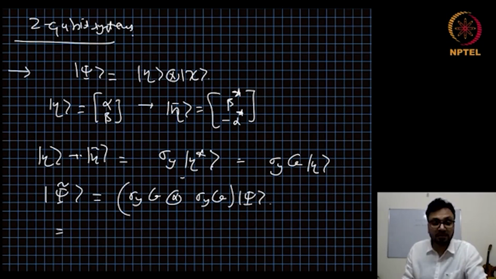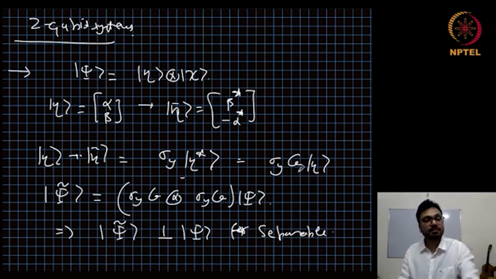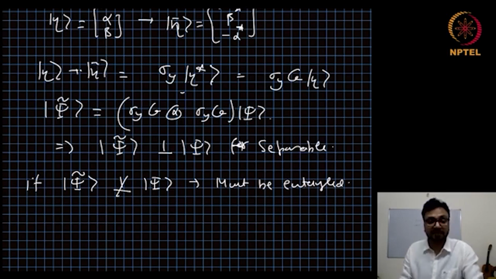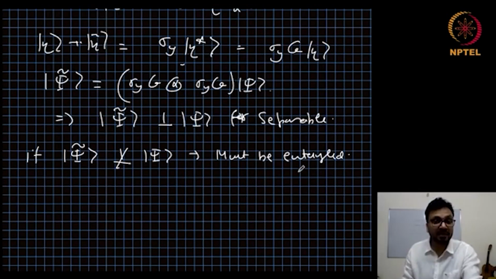then psi tilde will be orthogonal to psi if psi is a separable state, or product state. If psi tilde is not orthogonal to psi, then the state must be entangled. In fact, how far they are from each other, or how non-orthogonal they are, can serve as a measure of entanglement.